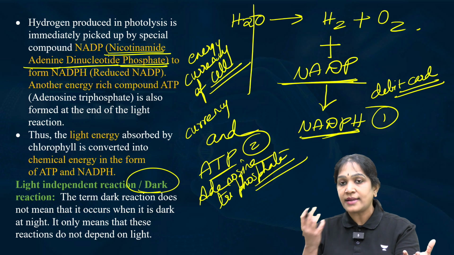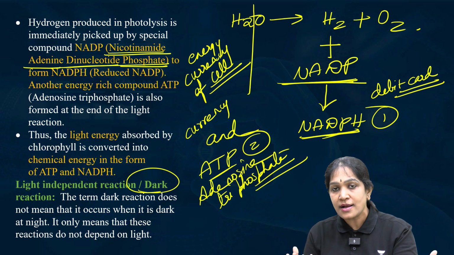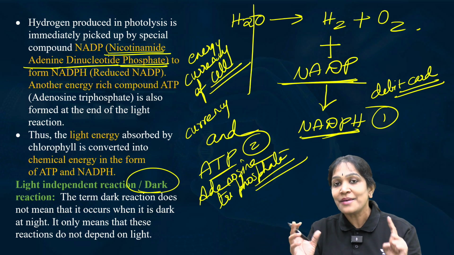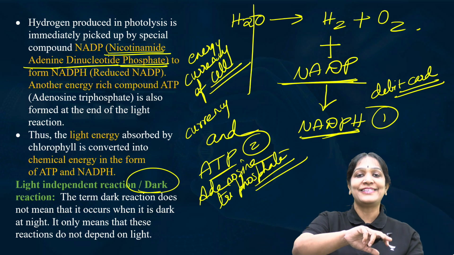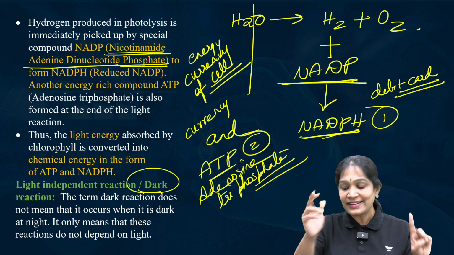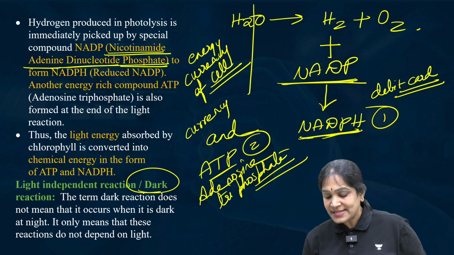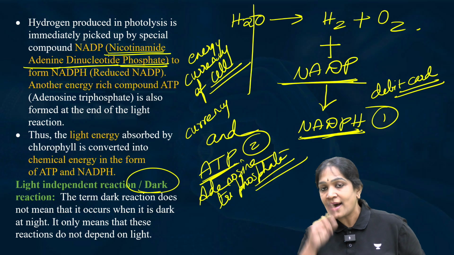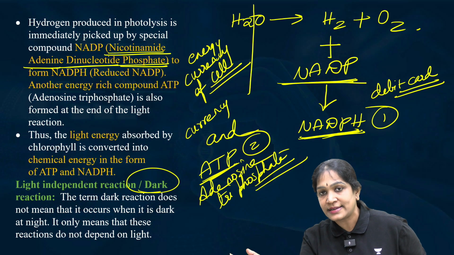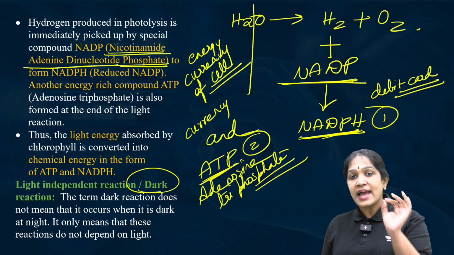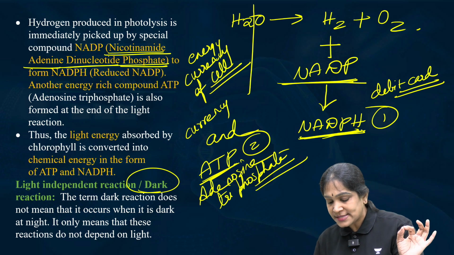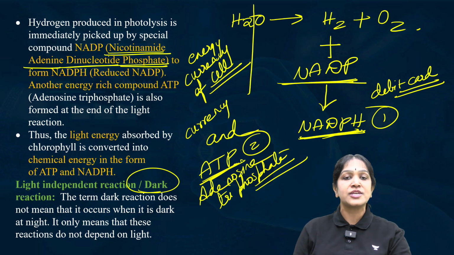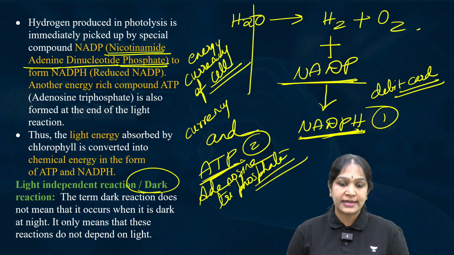It means the dark reaction can also occur during the night time, but using the molecules produced in the light reaction. In the light reaction, NADPH and ATP are produced. Using these two, the dark reaction can occur during the night time.